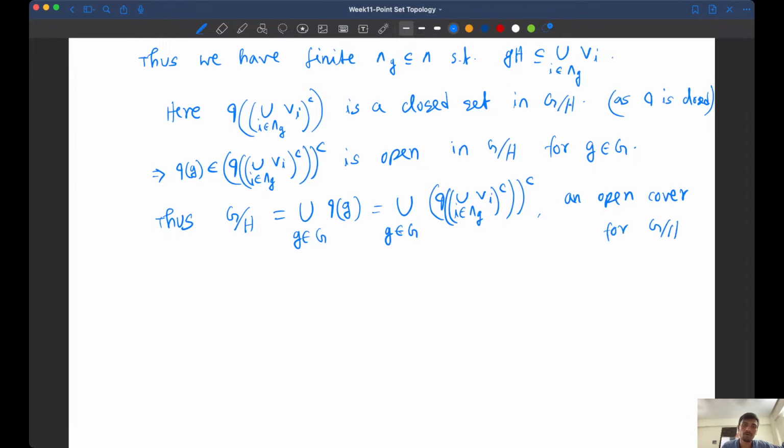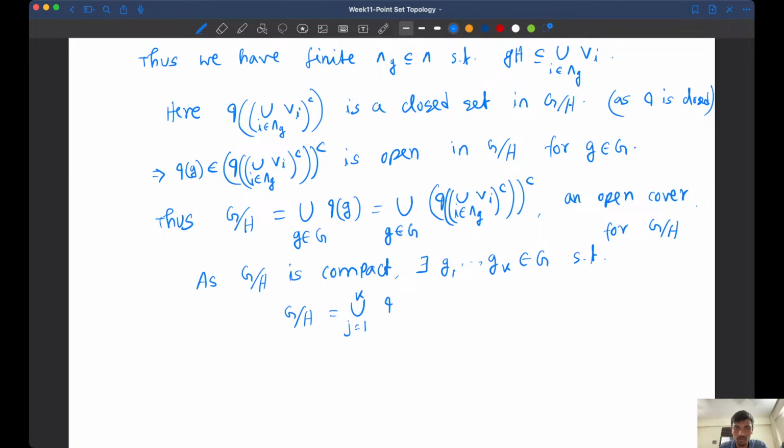So this collection is an open cover for G mod H. As G mod H is compact, there exist g_1 through g_k belonging to G such that G mod H is the union over j equal to 1 to k of the complement of Q of the complement of the union over i belongs to lambda_{g_j} of V_i.